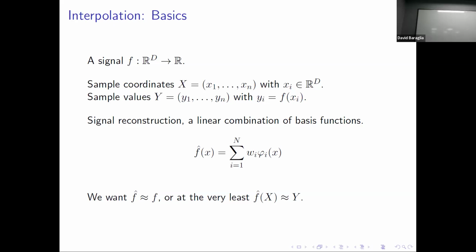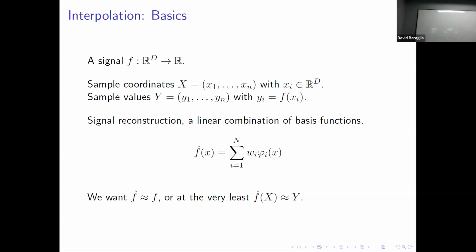So little phi i here can be any basis function. In Shannon interpolation, we use sinc, but you can use other functions as your basis functions. And a common thing to do is to just have one function and then you just shift it different amounts for the different basis functions. So similar to with Shannon interpolation.